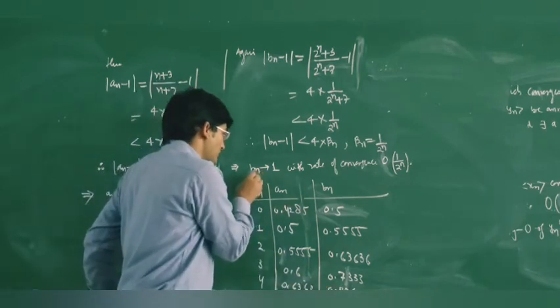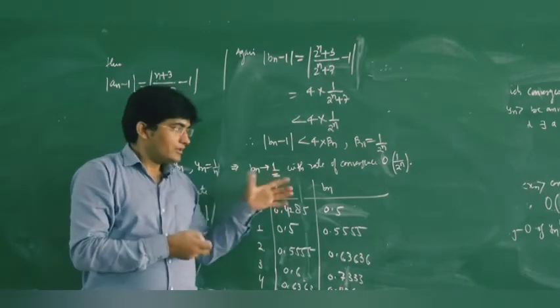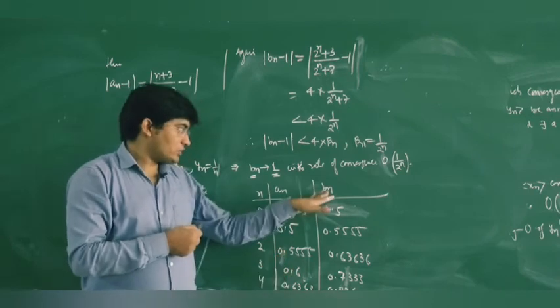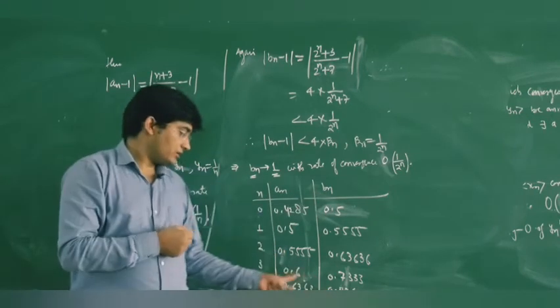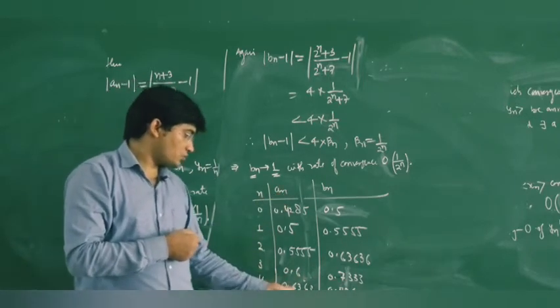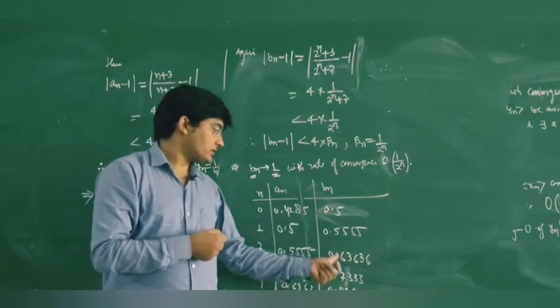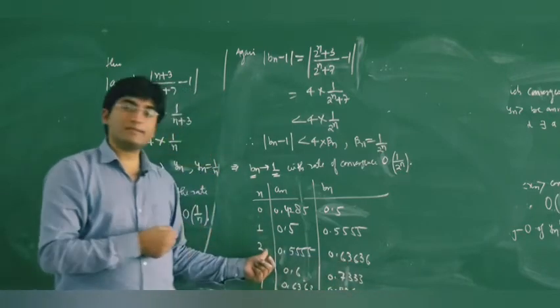As our sequence Bn is converging to 1, you can see from this table that our sequence Bn is converging to this 1 very quickly in comparison to this An. Whereas your An is converging to this 0.6363 in the fourth step, your Bn is reaching 0.63 in the second step.